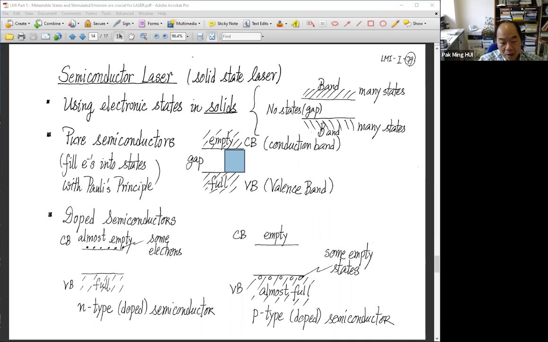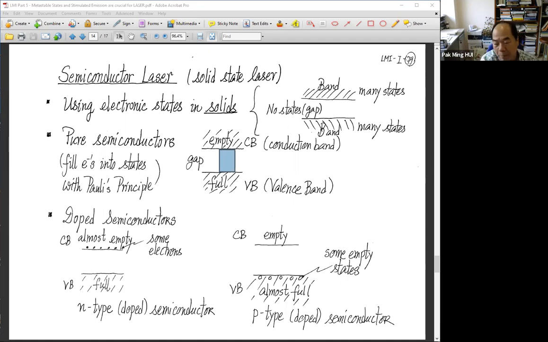All right. Now, if the gap is too large, something like 3 eV or above, then it is an insulator. If it is less than 3 eV, then it is a semiconductor. Okay, so no key difference between an insulator and a semiconductor in terms of quantum mechanics.